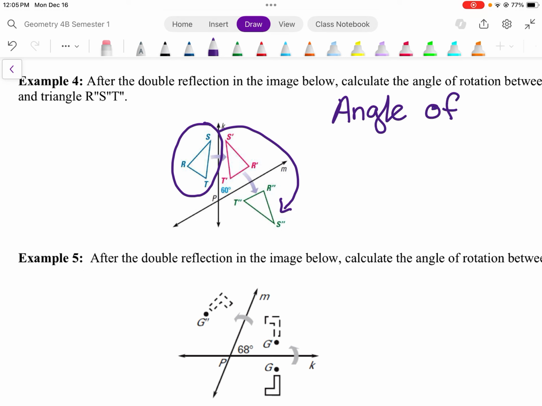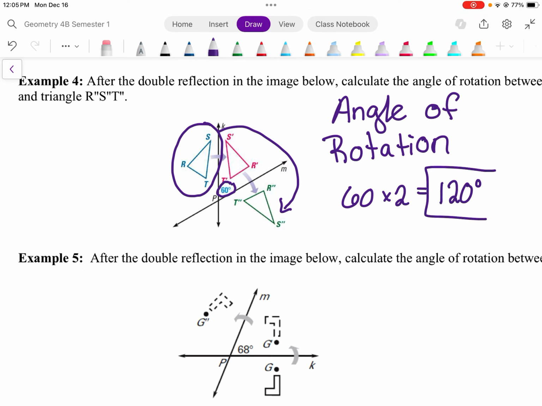So how far are we rotating it to get from our pre-image to our double prime image? What you are going to do is take the angle between the two lines it was reflected over, and you are simply going to multiply it by 2. And that will give us the degree measurement that it had to rotate to get to our double prime image.